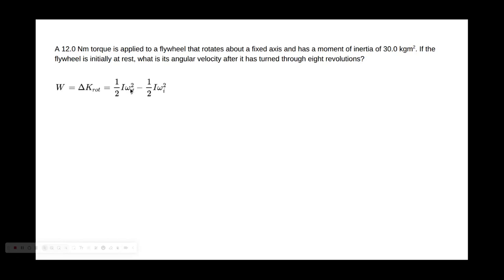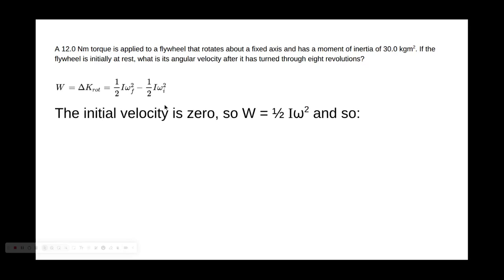So if we take the final angular velocity, subtract the initial angular velocity, this would be our equation for delta K in a rotational sense. But this, omega i, excuse me, is 0.